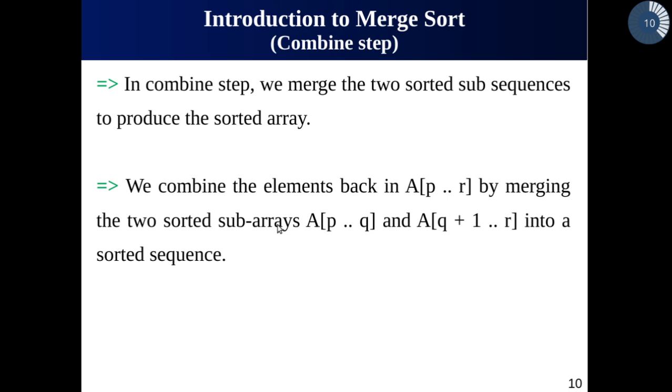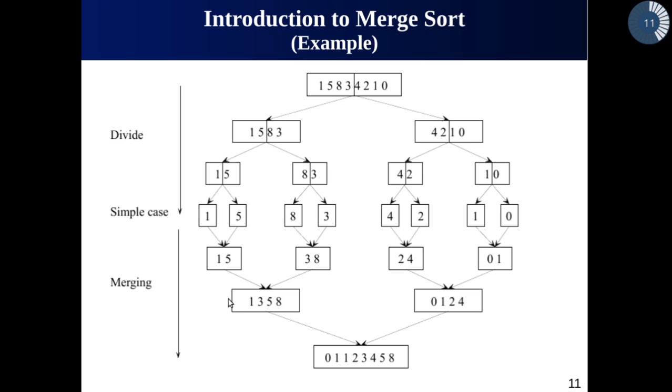as we saw in the example, the procedure which is part of the merge step actually assumes that the subarrays are already in sorted form, and we already sorted them in the conquer step. What does it mean? It means that, okay, I will combine the elements of the two subarrays, for example 1 5 and 3 8, but I need them to be in sorted form.